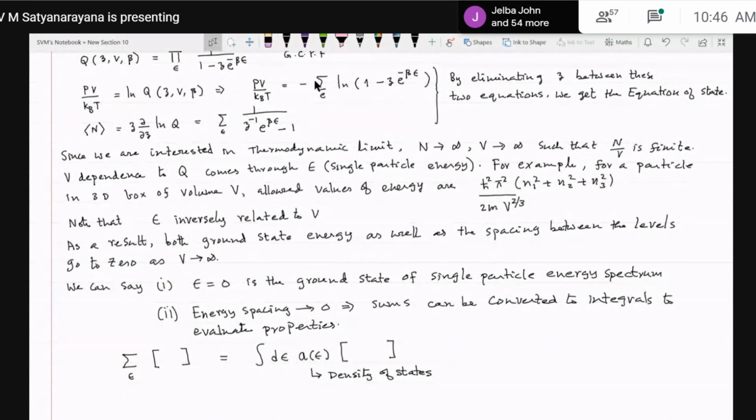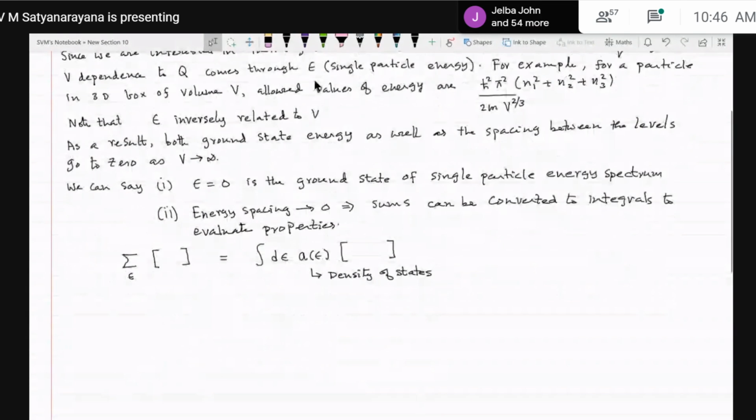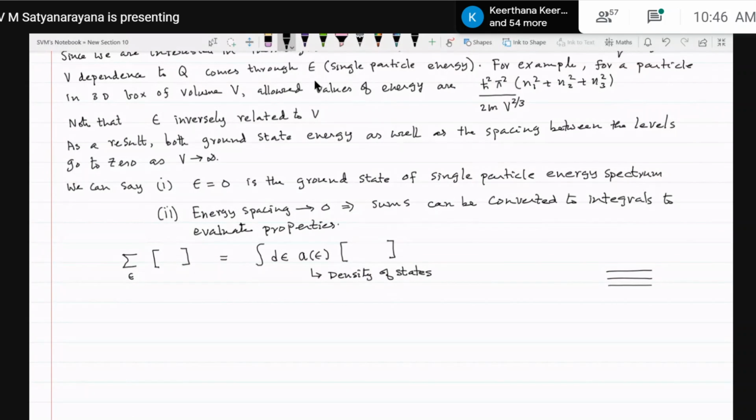Now, it is easy to define this. Suppose, let's say that you have certain energy levels in this fashion. So there is an energy level. I am drawing them a little separate from each other, but they can be very, very close.